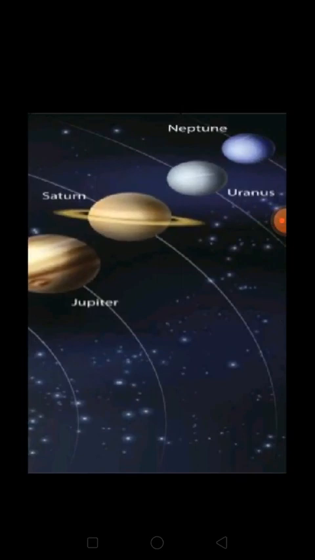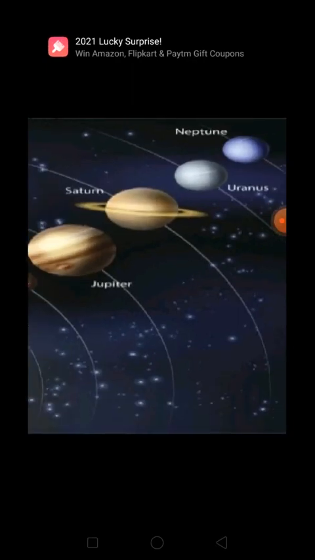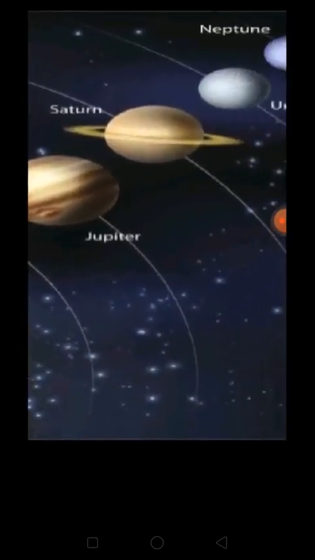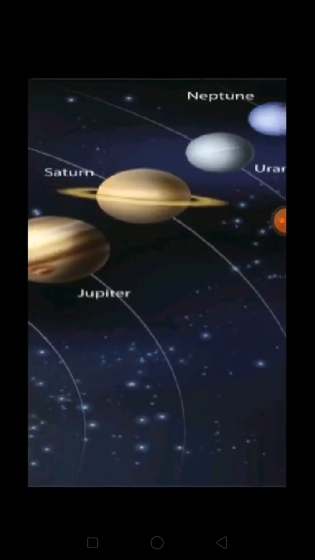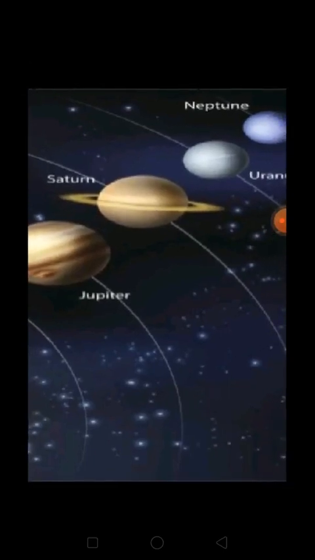Inner planets have no moon or a small number of moons, like our Earth, which has 1 moon. Whereas the outer planets, Jupiter, Saturn, Uranus, and Neptune, have more moons. Some of them even have a ring system around them and a large number of moons.